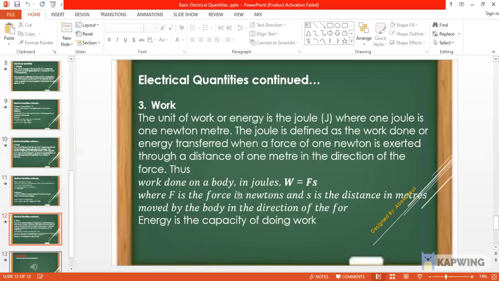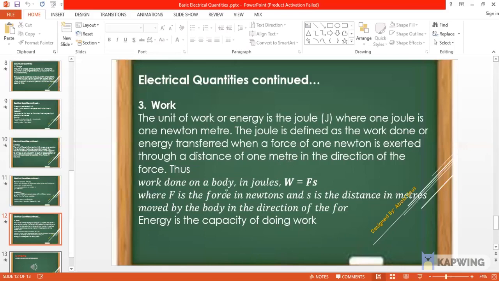So we also have work, and we all know the unit of work is the joule. We can say the unit of work or energy is the joule, where 1 joule is 1 newton meter. The joule is also defined as the work done or the energy transferred when a force of 1 newton is exerted through a distance of 1 meter in the direction of the force.